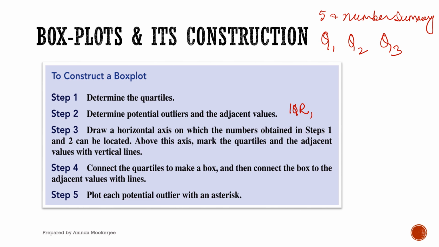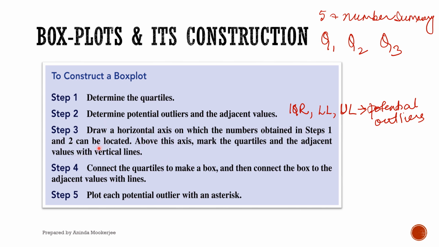And once we have our IQR, we can use the formulas for lower limit and upper limit and come up with those values. And once we have all this information, we can identify our potential outliers, right? If there are any. So we have our potential outliers and the adjacent values completed in step 2.